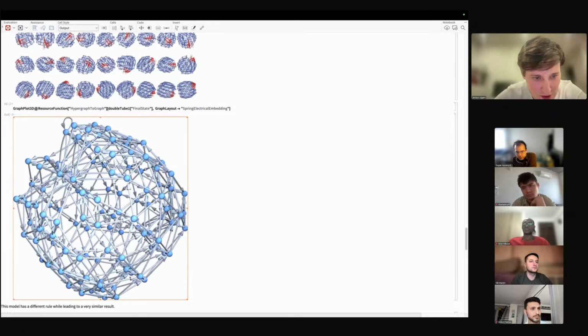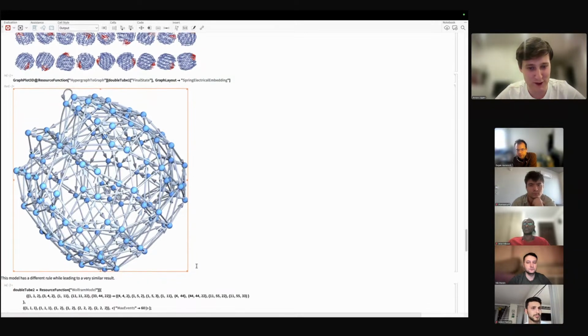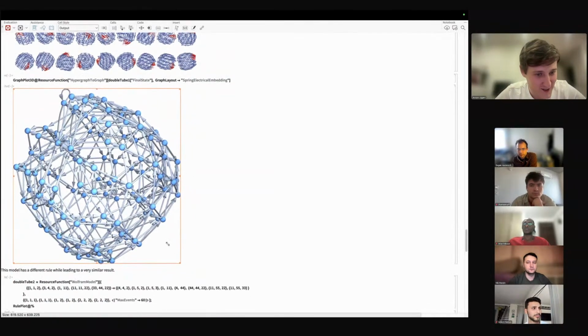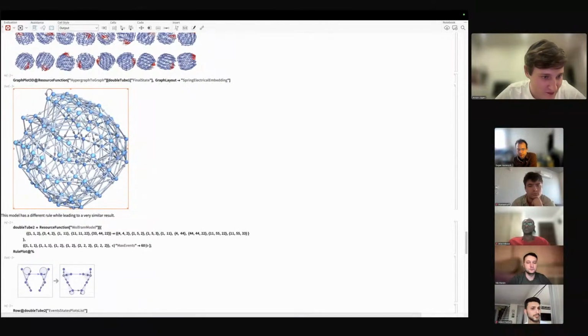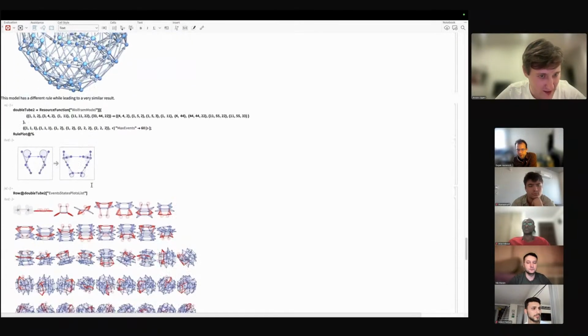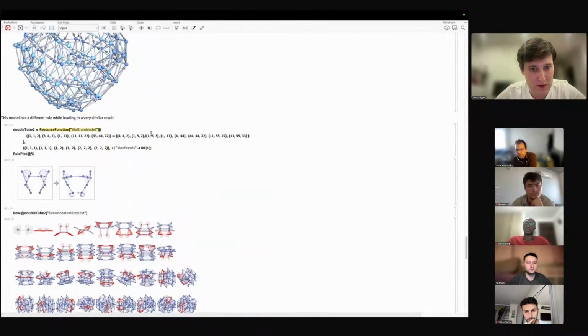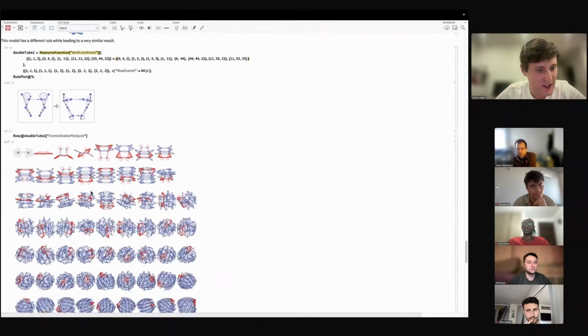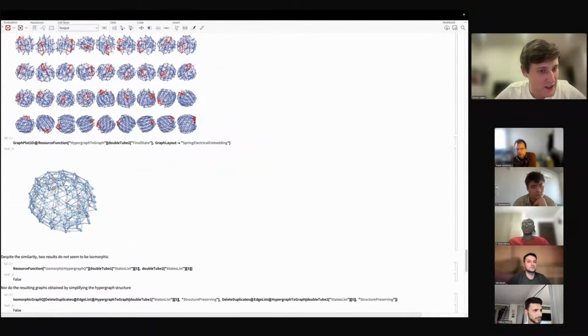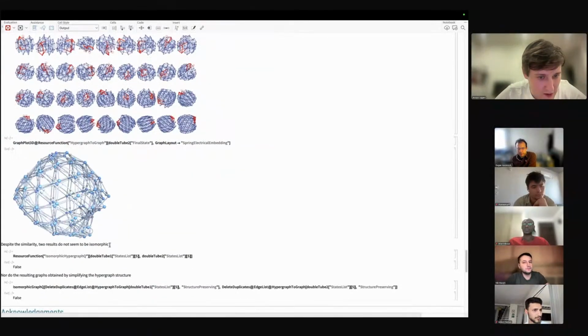So it's essentially sort of a thickness in another dimension, if you want. You could think of it that way, right? And this leads to a very similar result. I just swapped the edge I was duplicating, and it's a very similar result, although it's not the same.